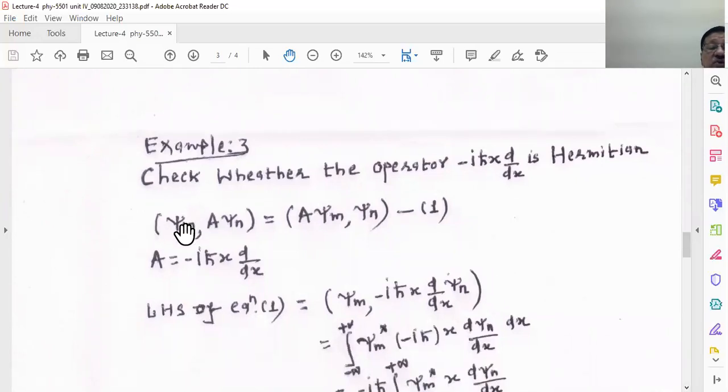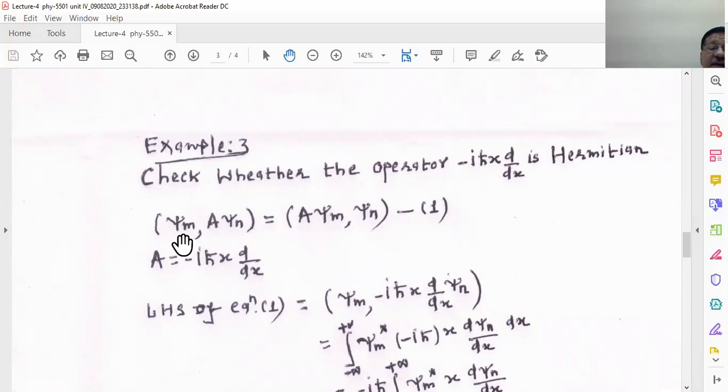It is known to you that the scalar product (ψ, Aψ) should always be equal to the scalar product (Aψ, ψ). Your test operator A is nothing but minus iħ x d/dx. This is my test operator.